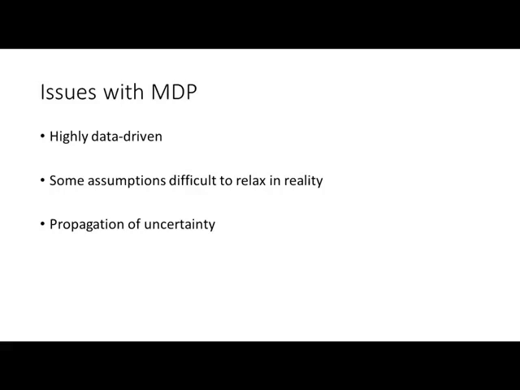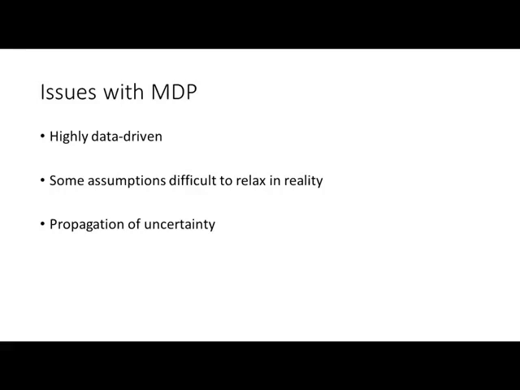So the patient or the physician in charge of the patient knows the transition probabilities and rewards, which is actually not true in most cases, right? So these assumptions I find really hard to relax in reality. And Markov decision process models do need to make quite a few assumptions in order to work. So this is another potential issue.